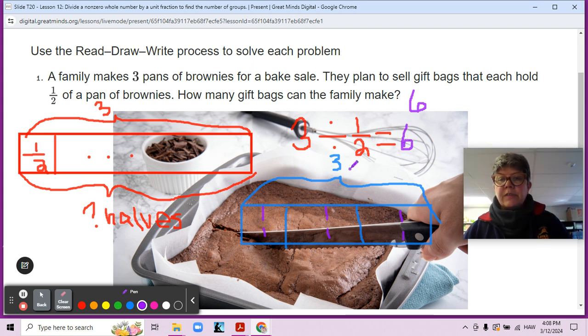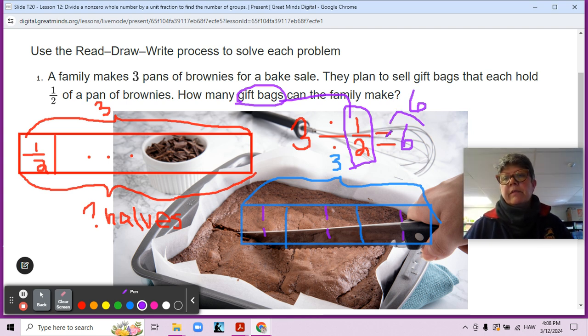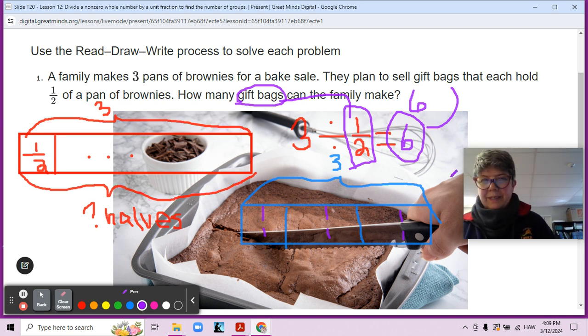And our divisor, our number that's doing the division, 1/2, that represents how much is going into each gift bag, right? 1/2 of a pan. And the 6 represents the number of gift bags that they can make. This is how much is in a gift bag. This is the number of gift bags.